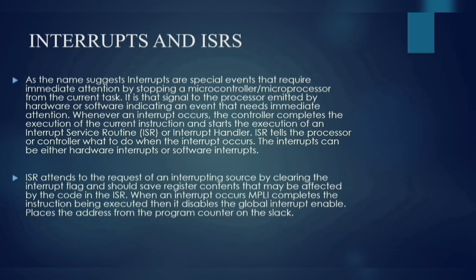There are mainly two types of interrupt: hardware interrupt and software interrupt. The interrupt handling process goes as follows: the interrupt occurs, the current execution stops, the ISR executes, the ISR completes, and the program execution resumes.